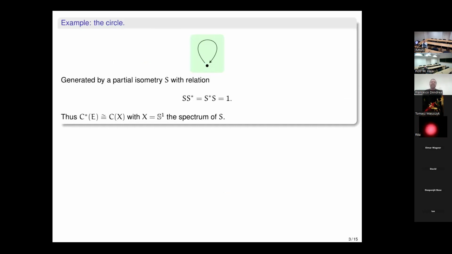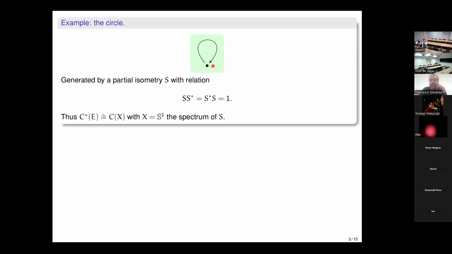Okay. Anyway, so let me give some elementary examples. In this first example, you have the graph consisting of one vertex and one loop. This means that you have a single generator, which is the partial isometry S attached to this loop.